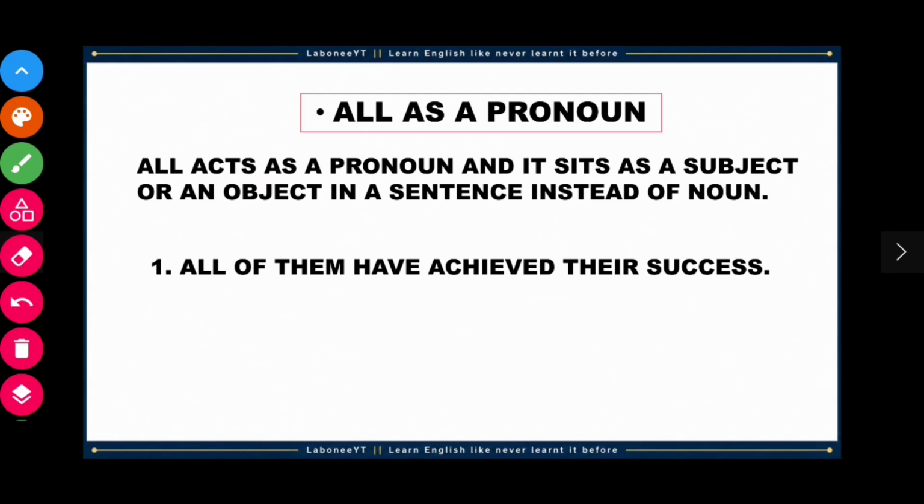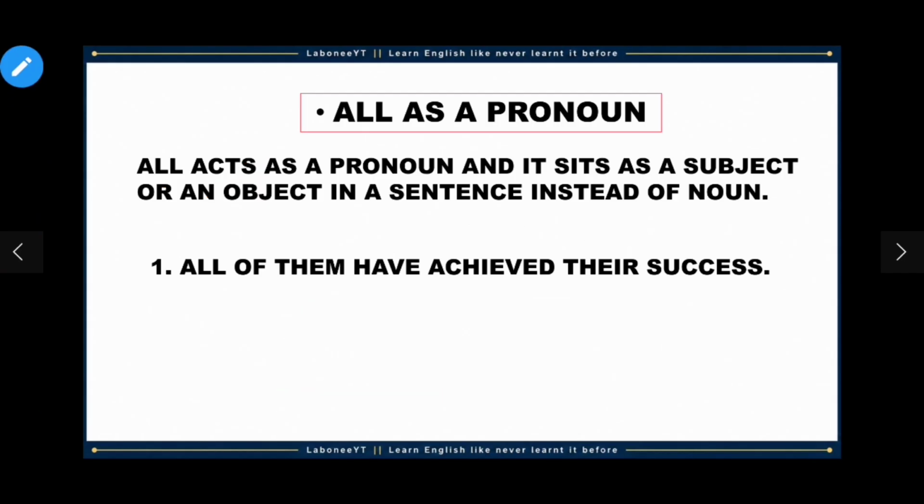Next is all as a pronoun. Sometimes all acts as a pronoun and it sits as a subject or an object in a sentence instead of a noun. How do we use them as a subject or an object in a sentence instead of a noun?